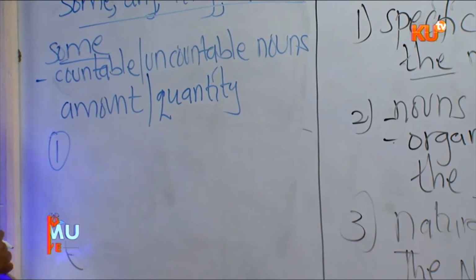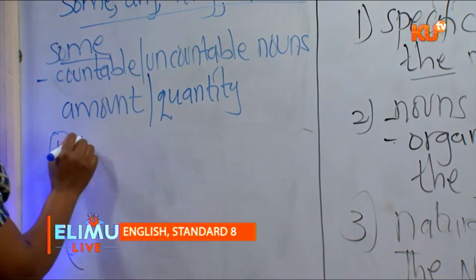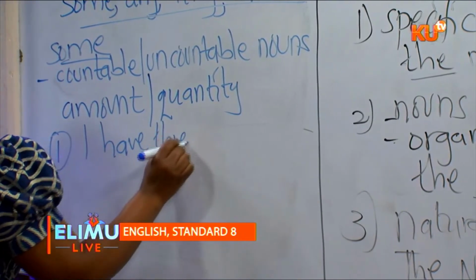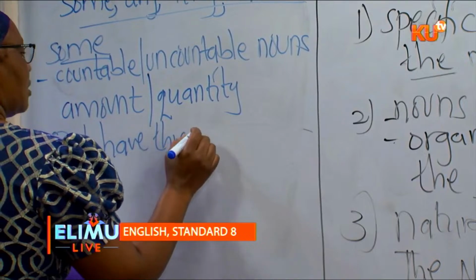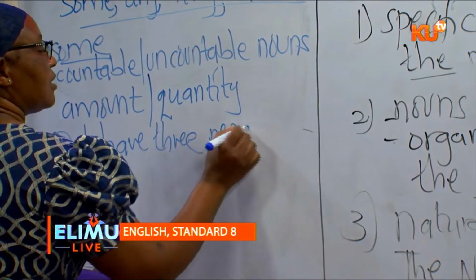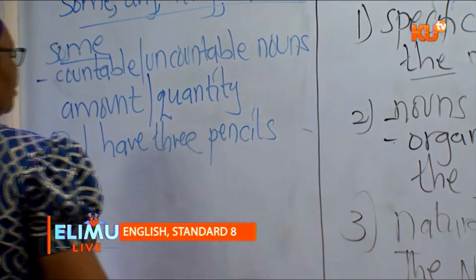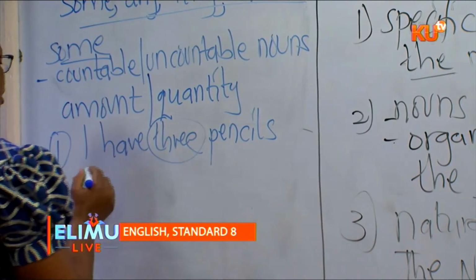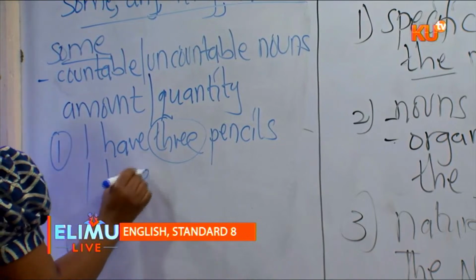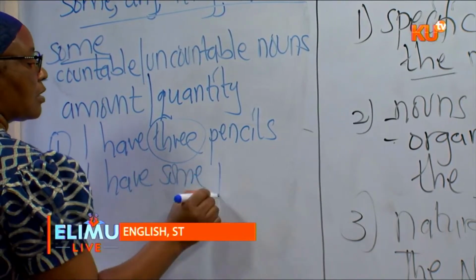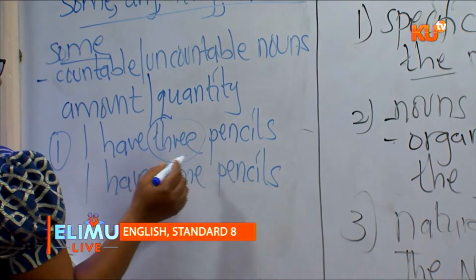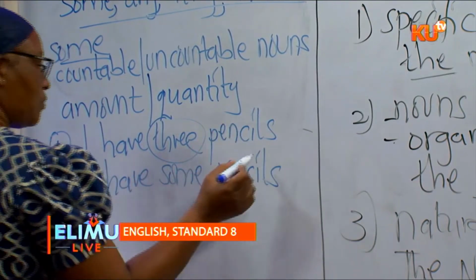The first one with countable nouns: I have 3 pencils. We can also replace some of the words here. Instead of saying 3, we say I have some pencils. This one is used with plural nouns.